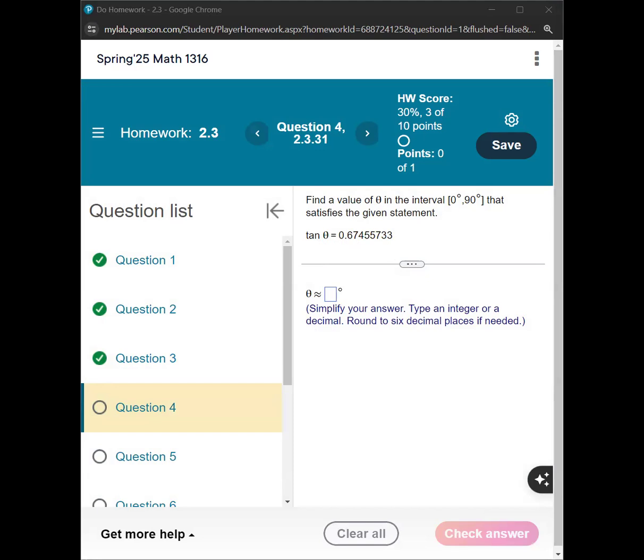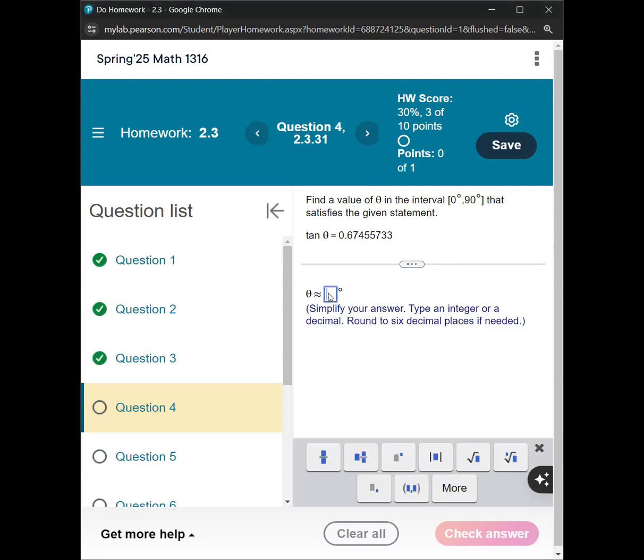The tangent value for this angle is given as 0.6755733. I'm just going to double check if I copied everything right. The angle is 34 point. Again, they want 6 decimal places after the decimal point. So I will tell them that the answer is 34.001922.